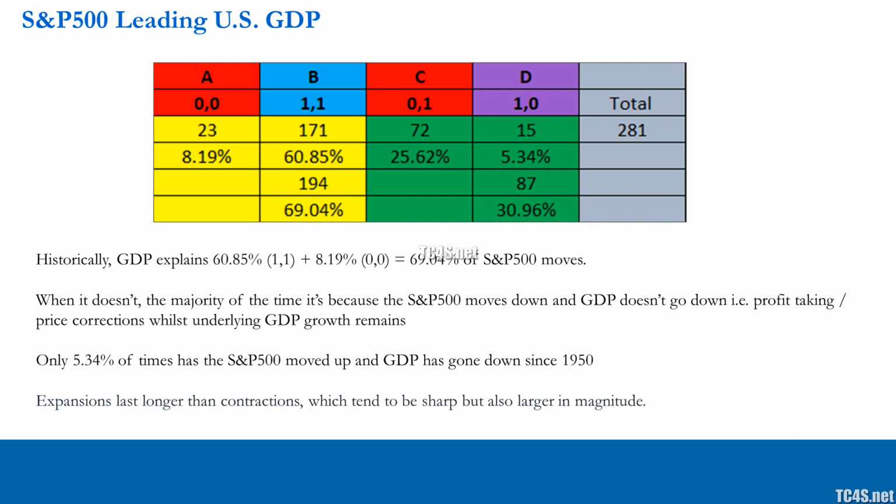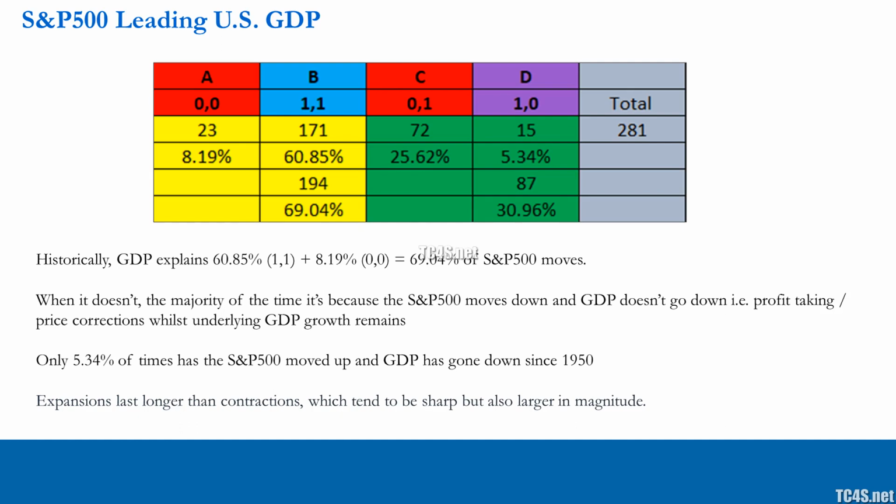And then we have the situation where they move in the opposite direction. We have 72 cases out of 281 where we have the 0-1 outcome. And in the 1-0 outcome, we have the smallest amount in our data set, which is 15 cases out of 281.